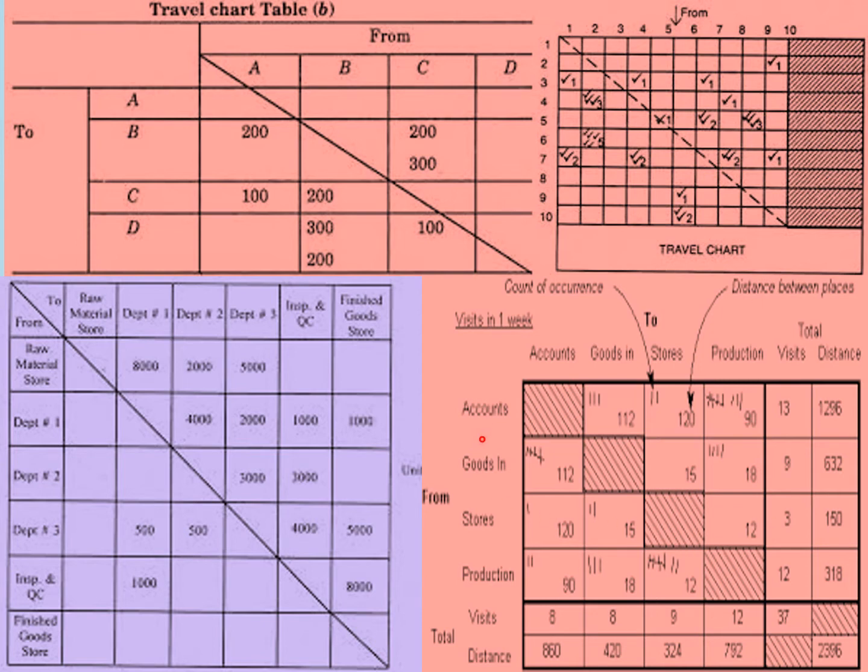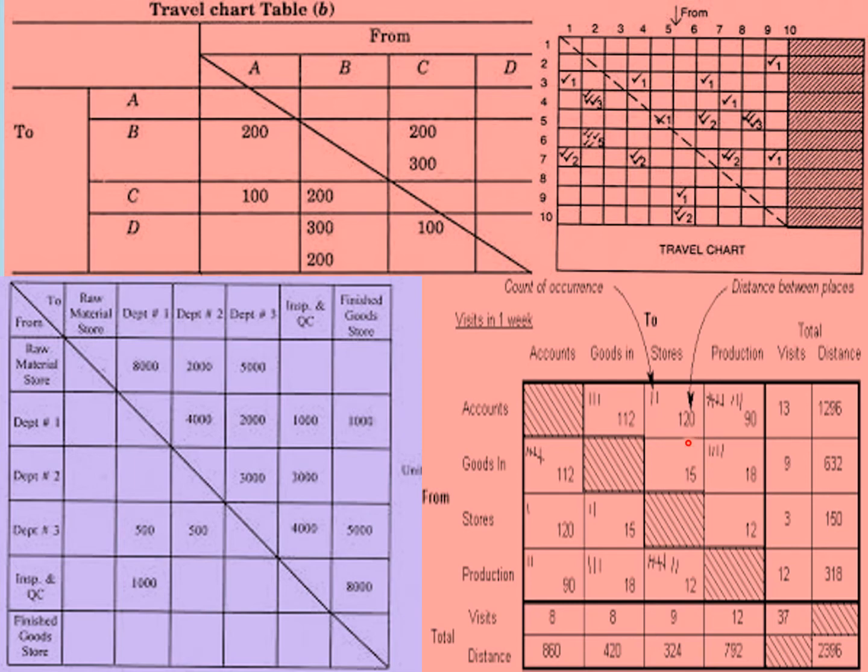These are the departments. From this department to this department, how much frequency is there? It is traveling 3 times and the distance is 112. Traveling 2 times from accounts to stores and the distance is 120.